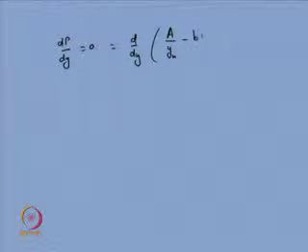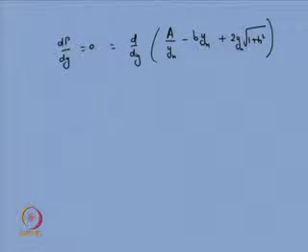So, you substitute this quantity in the relationship dP by dy equal to 0. You substitute for B0, the criteria given now develop. So, d by dy of A by yn minus B times yn plus twice yn root of 1 plus B square. So, this is equal to 0, as you know that.